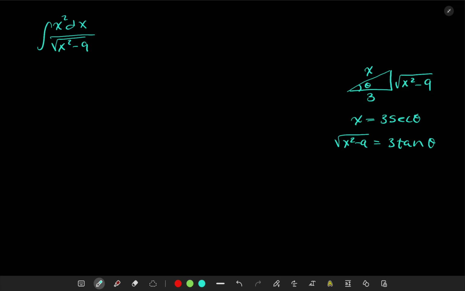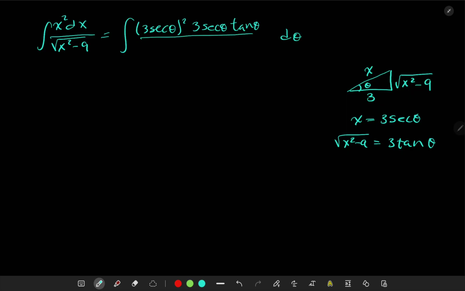That happens a lot. So plugging everything in here, you would have that x is going to be 3 secant. The dx is going to be 3 secant tangent. You see, I just said secant of theta, tangent of theta, d theta.